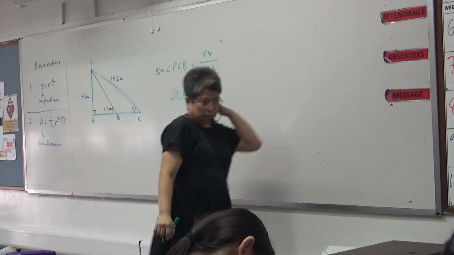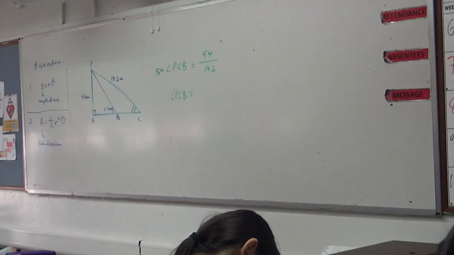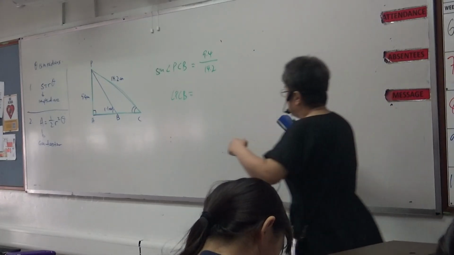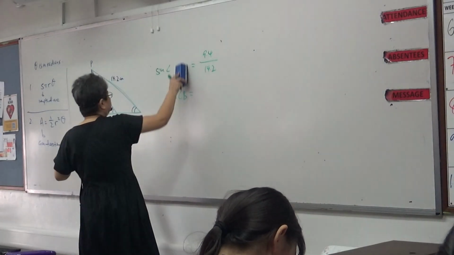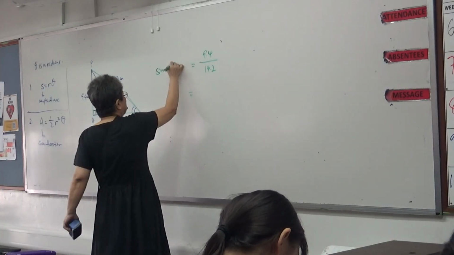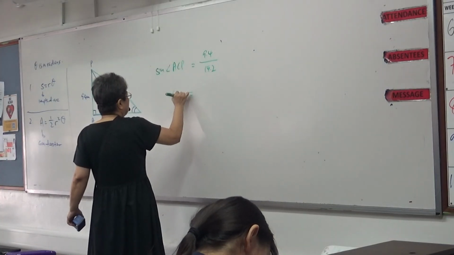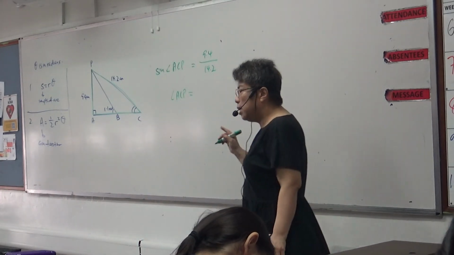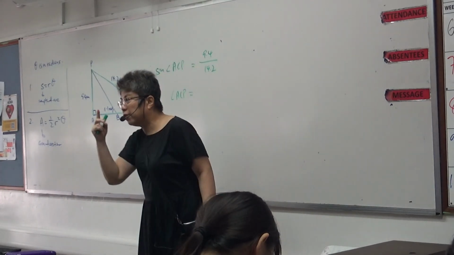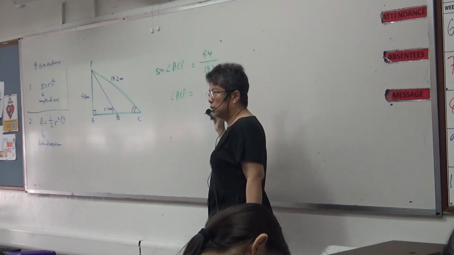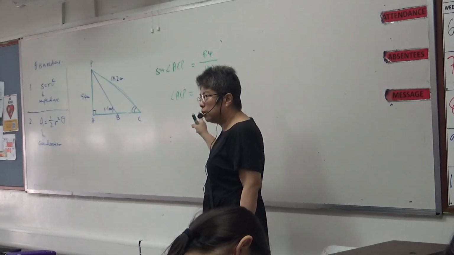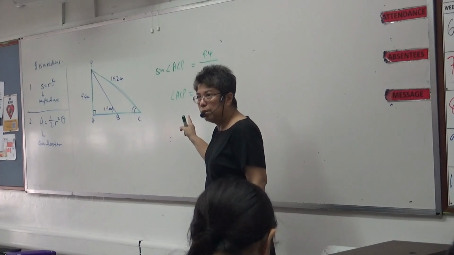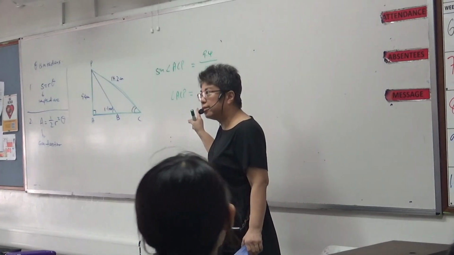So, angle PCB, sorry, they say ACP, it's the same, ACP. Can you give it to me in 5 truncate first? All of you key in. This is in radians. Give it to me to 5 truncate first.